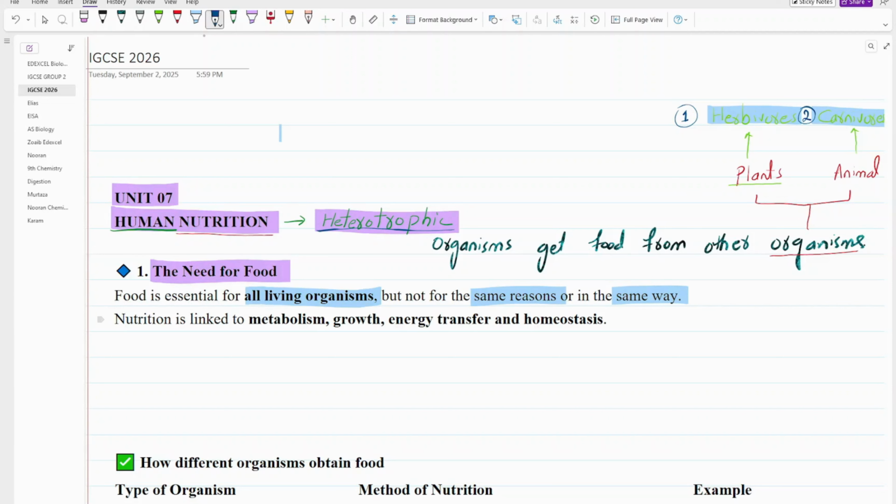So nutrition is linked in fact to metabolism, growth, energy transfer, and homeostasis. Homeostasis is maintaining constant internal conditions in the body. So to maintain all these conditions, the body needs energy, and energy comes from the food that we eat.